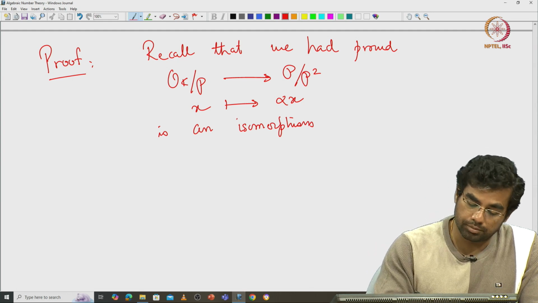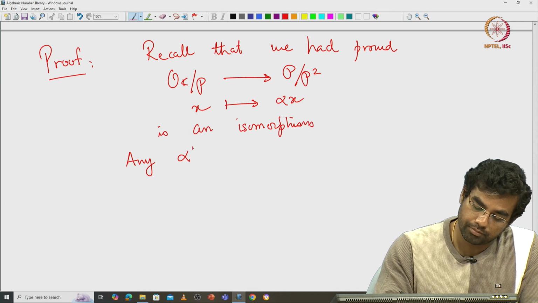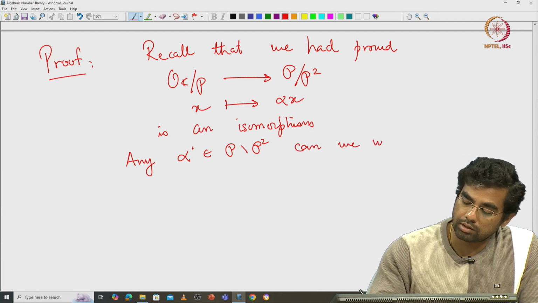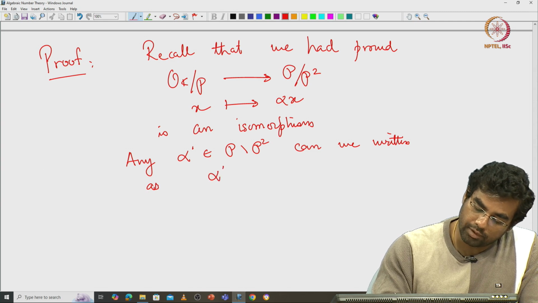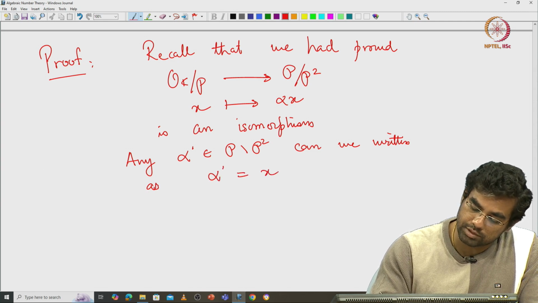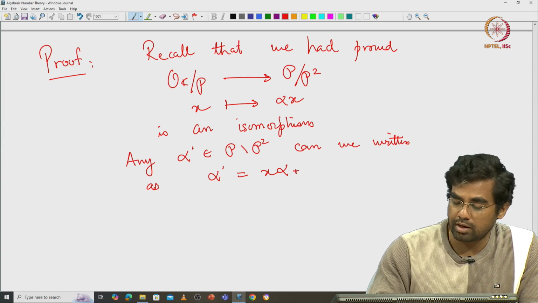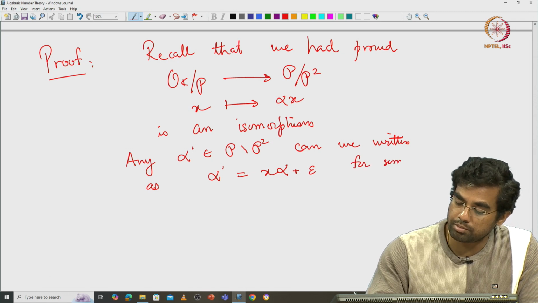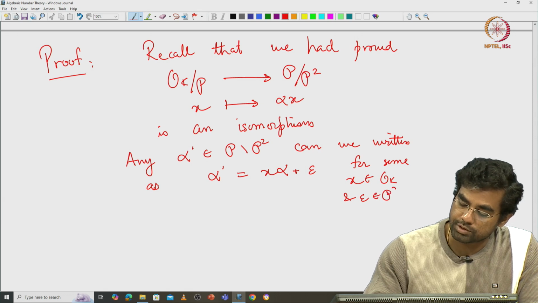Okay, so any alpha prime in P minus P squared can be written as alpha prime equals x times alpha plus some error term which I will call epsilon, for some x in O_K and epsilon in P squared.